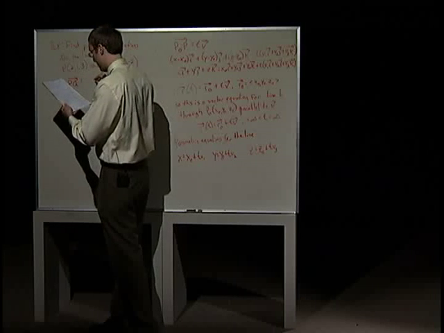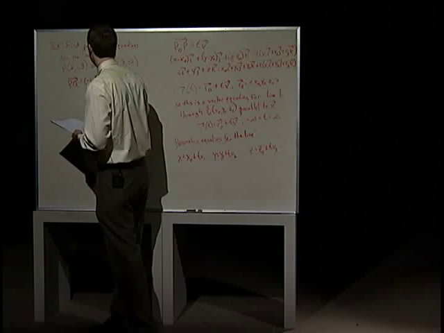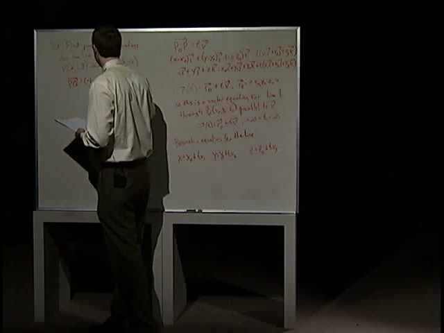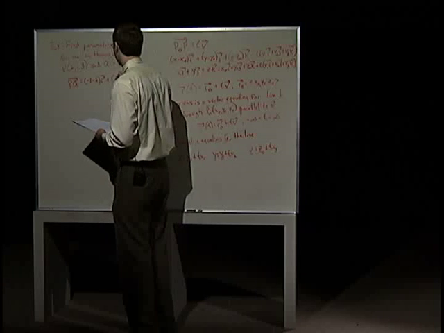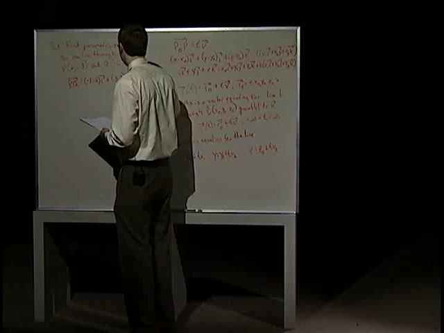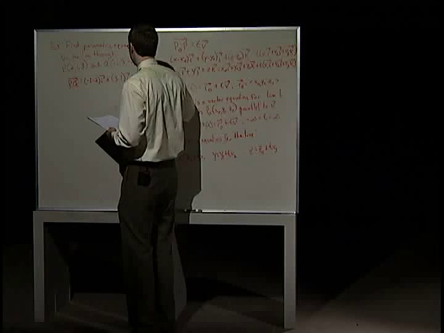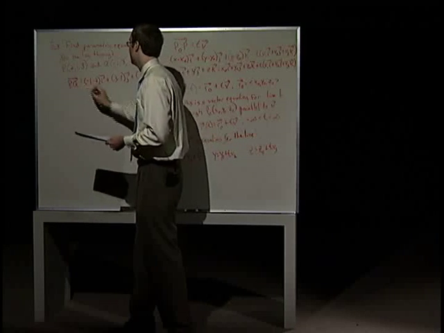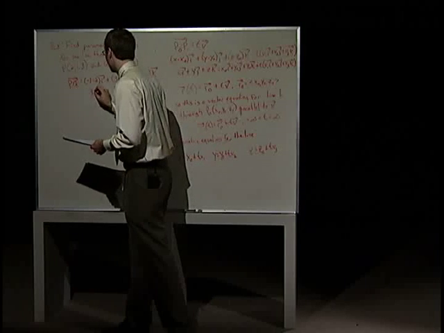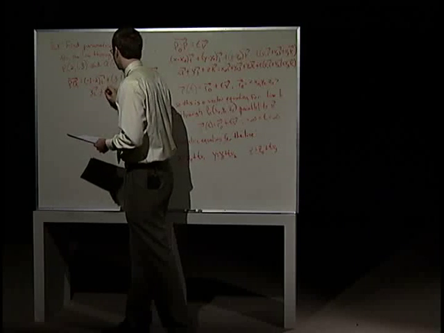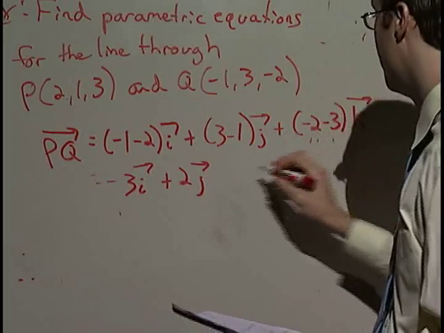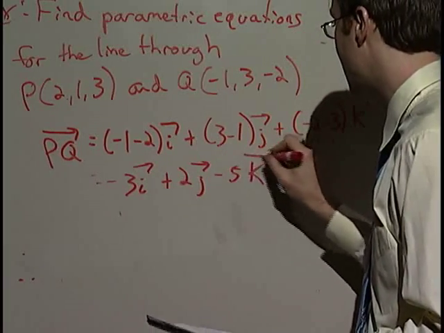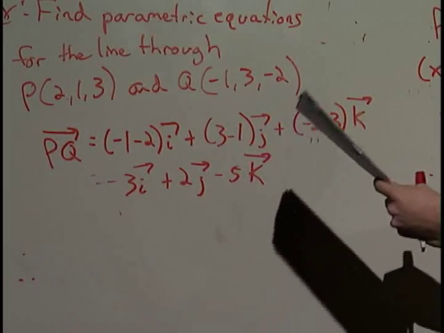let's see here. What do we end up with? (-1 minus 2)i plus (3 minus 1)j plus (-2 minus 3)k. All right. And that gives us -3i plus 2j minus 5k. Is that what I've got here? Good, it is.